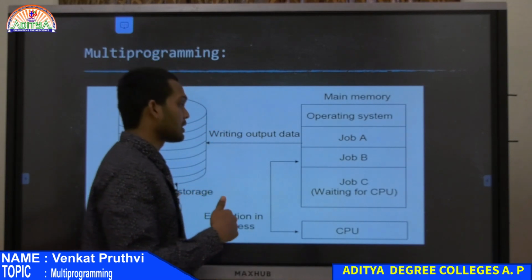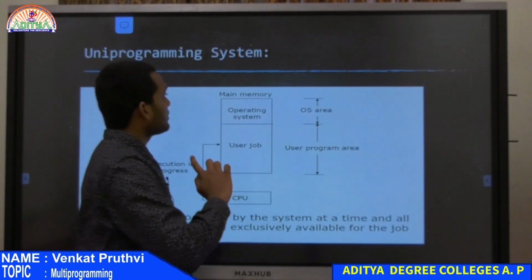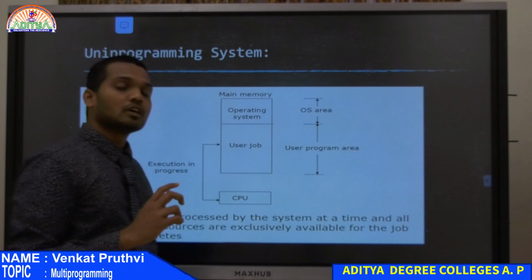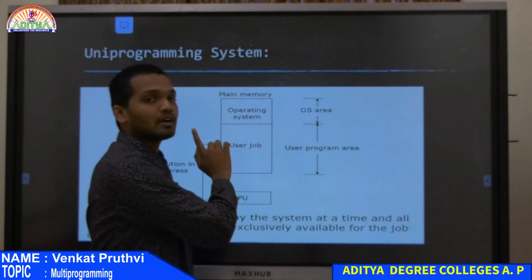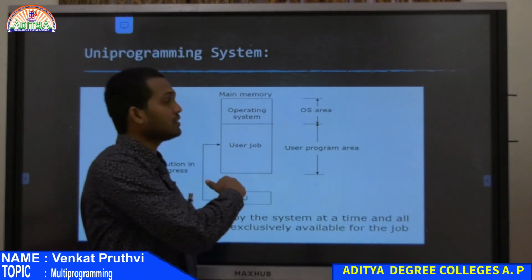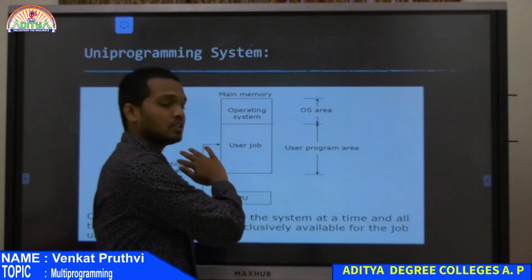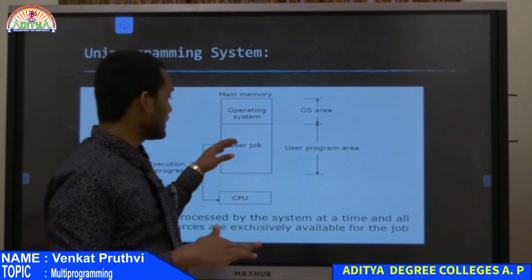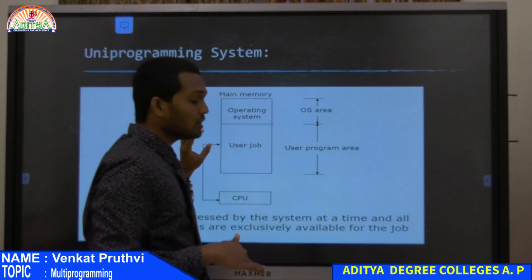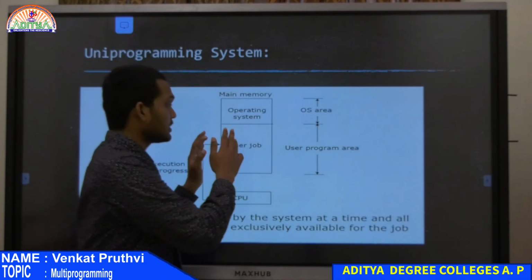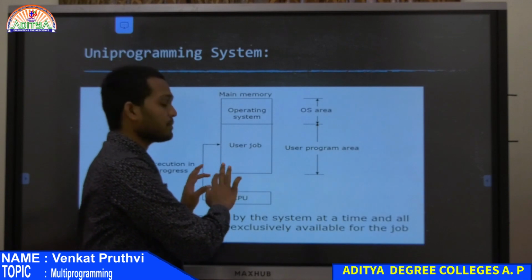The problem with a uni-programming operating system is it is only able to perform one job at a time, and even though there are other processes waiting, they are not able to get access to the CPU until the first job that was assigned to the CPU is completed.